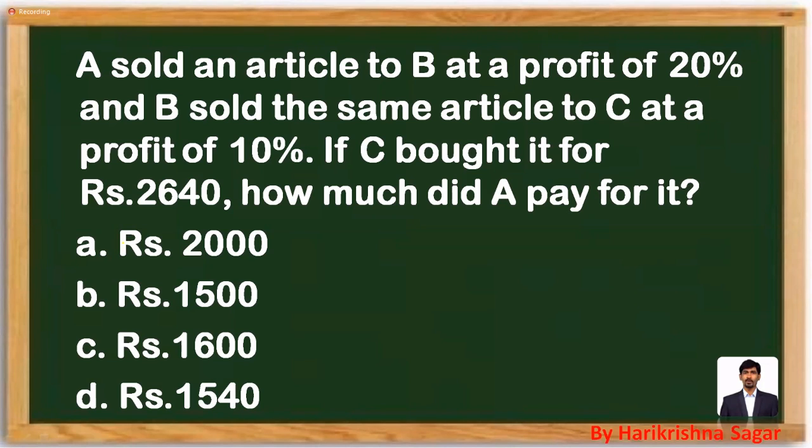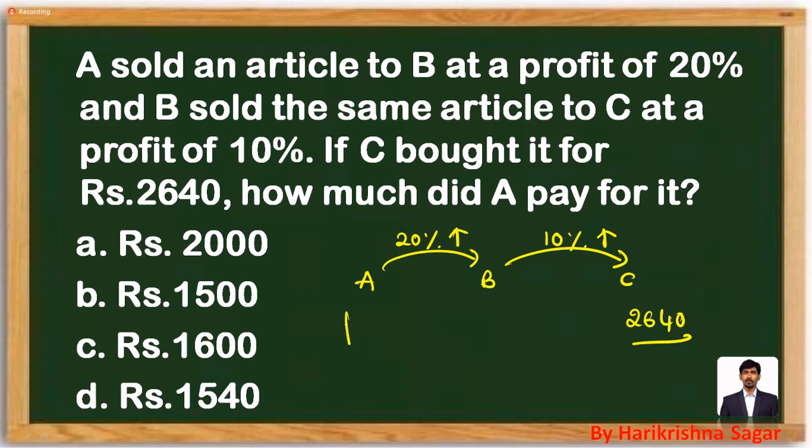A sold an article to B at a profit of 20%. That means A to B, there is 20% profit. B sold an article to C at 10% profit. C bought it for 2640. How much did A pay for it is the question.